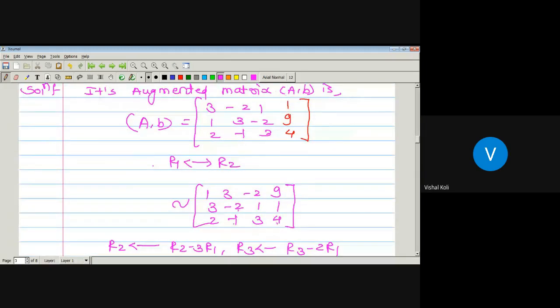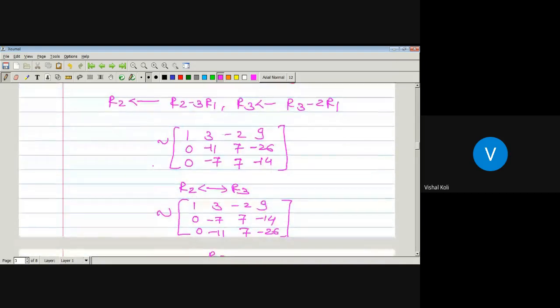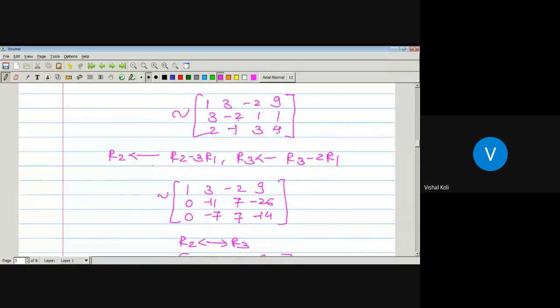R1 is changing to R2: 1, 3, -2, 9; 3, -2, 1, 1; 2, -1, 3, 4. R2 is changing to 7, -7, 26.